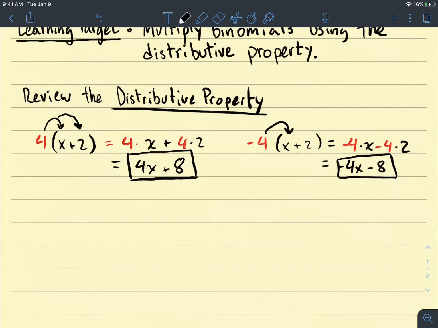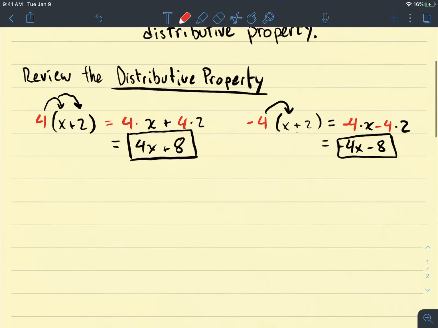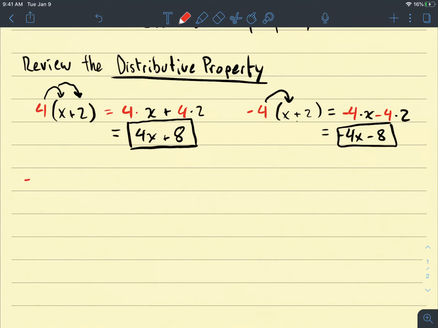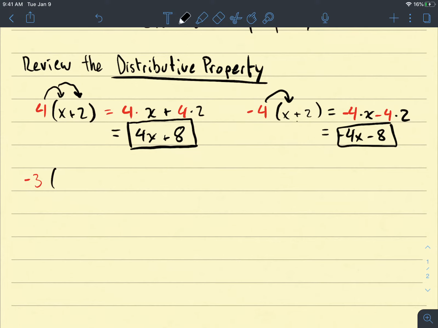Another case is what happens if we have negative times negative. Two more examples before we begin the actual lesson today. So we're going to have negative 3 times x minus 2.